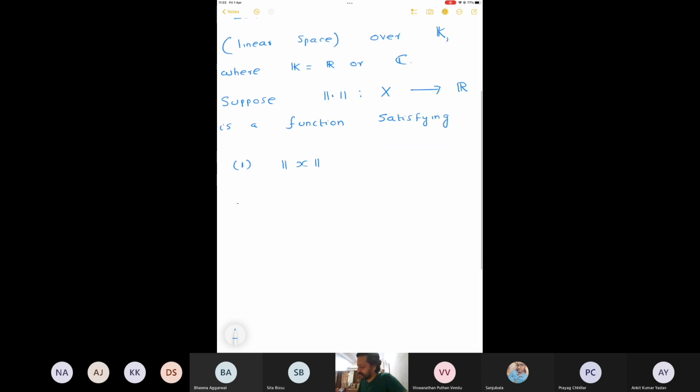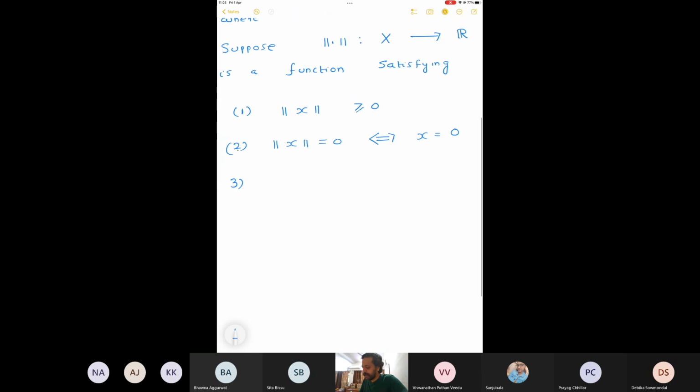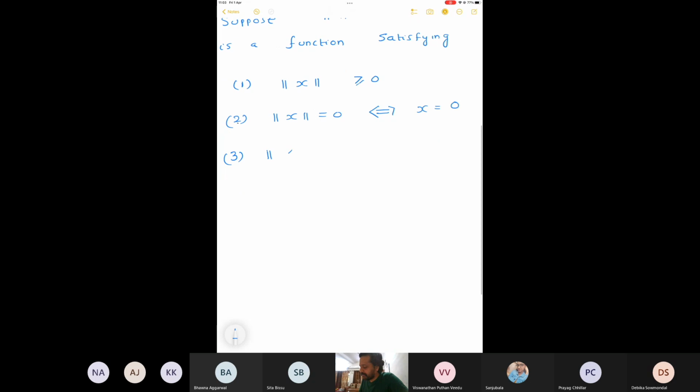Norm of x should be greater than or equal to 0. Length of a vector in vector space becomes 0 if and only if that vector is 0 vector in that vector space. Now I should say how length acts with the two operations available in the vector space. The length of scaled vector alpha x would be equal to length of x scaled by quantity mod alpha.